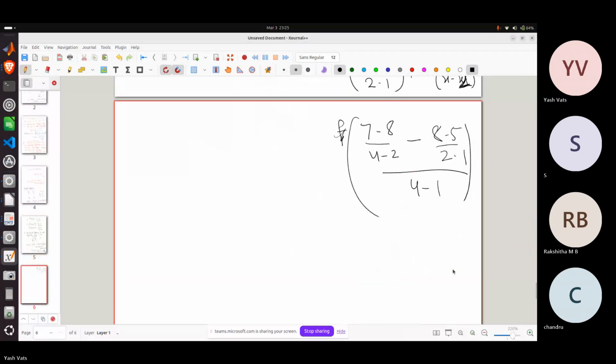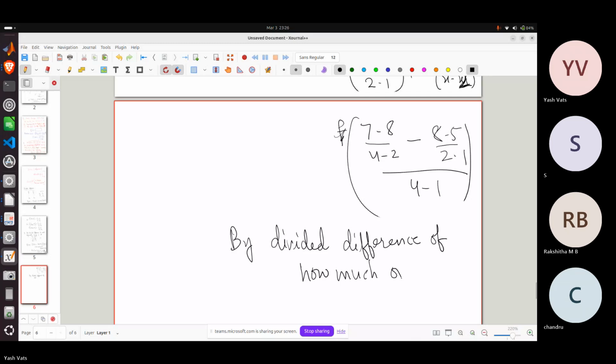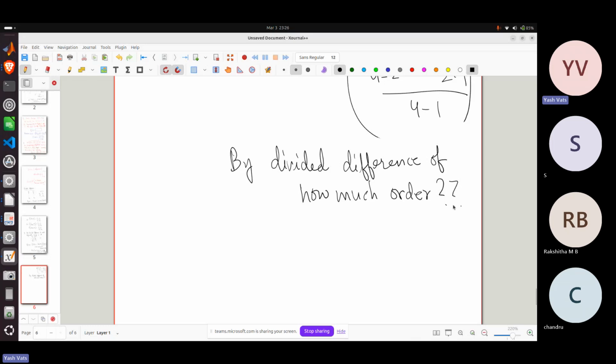All right. So this is by divided difference of how much order? Can anyone answer this? Order is basically the order of the error.